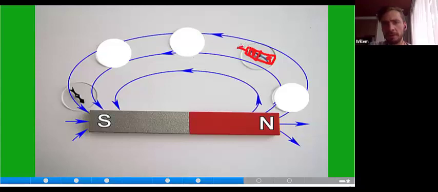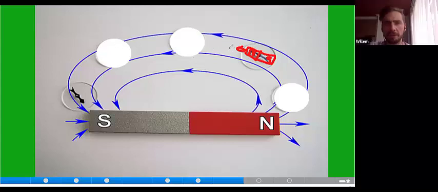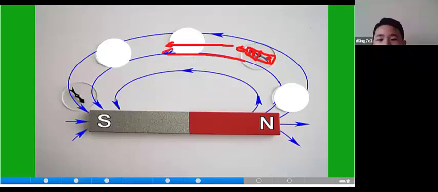Why is the north pointing in this direction? Because it aligns with what? It aligns with the magnetic field lines, okay?